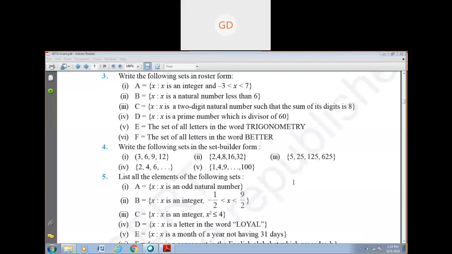Basically, multiples of 3 we write as 3 times something. Now what is n? You have to write it again using a comma: n is equal to 1, 2, 3, 4.